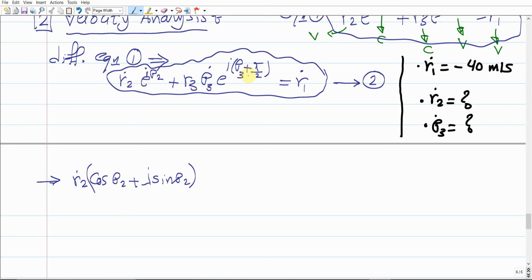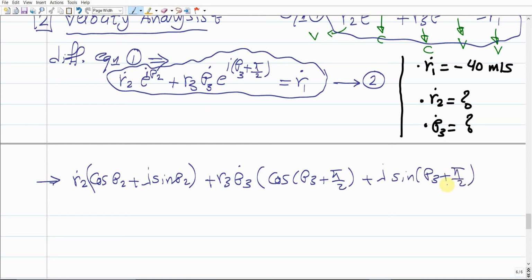How about the second term? It's the same: plus R3 theta 3 dot, which is a common factor, and the exponential term is expanded into cosine of theta 3 plus pi over 2 plus I sine of theta 3 plus pi over 2. That is the second term. How about the third term? There is no need, it's just R1 dot. Very simple.